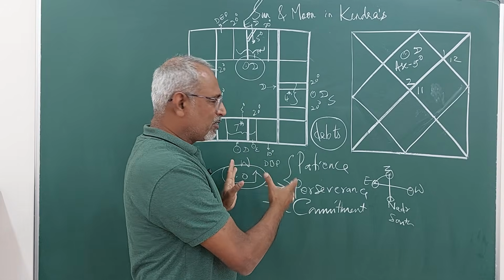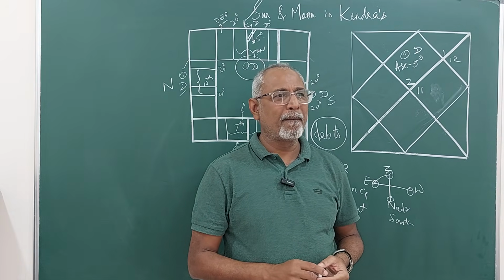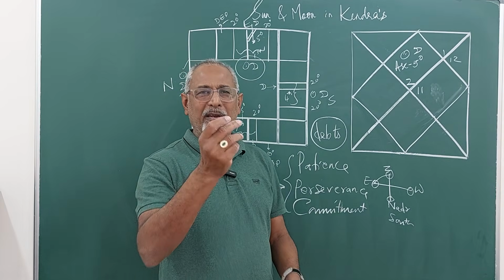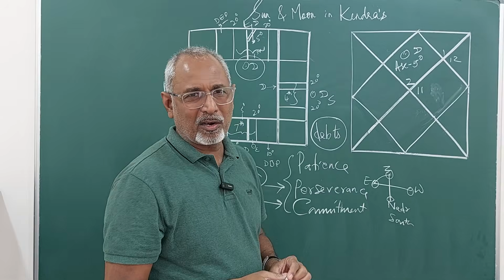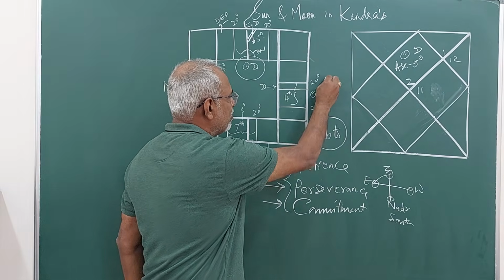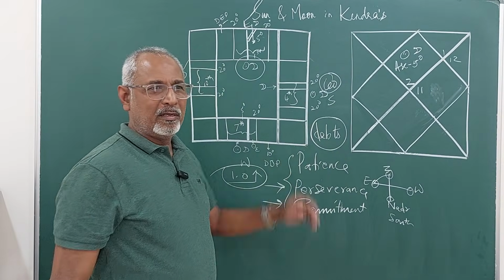So anyway, this is how you have to calculate in this particular case. The best lagnas for the 10th house for this particular combination are when it falls in Leo and when it falls in Aries.